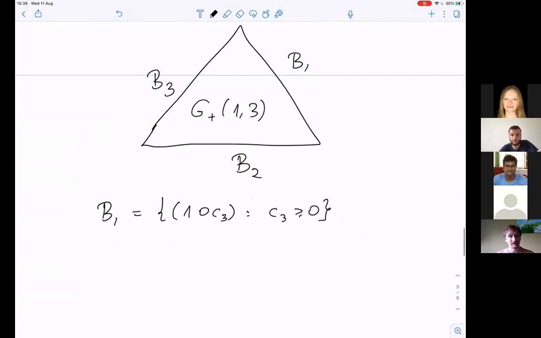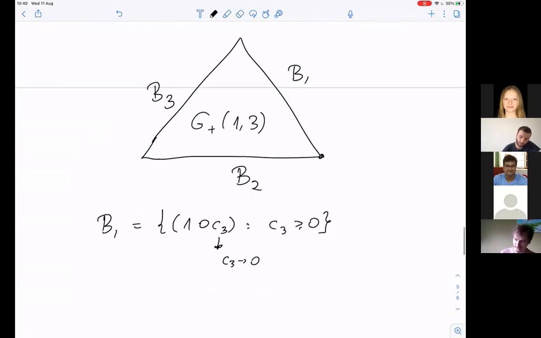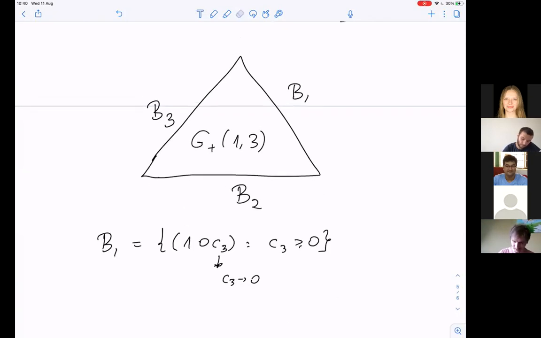This set of matrices again has 2 boundaries. I mean, you cannot see it immediately, but there's an obvious one where C3 goes to 0. And so there's this point here. I'm sorry, I'm just looking at my picture, and I did it the other way around on my picture.